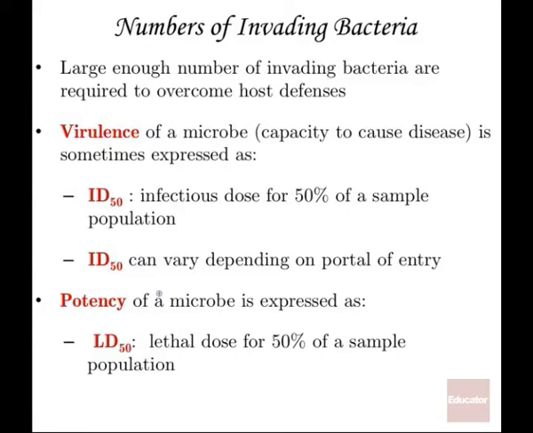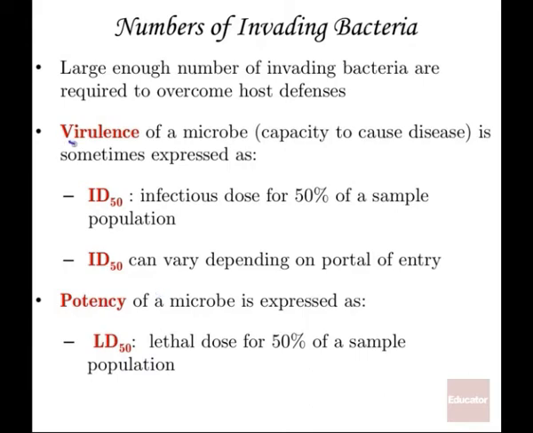So the number of invading bacteria is very important. Again, you need to have sufficient numbers of bacteria in order for an infection to basically gain hold. There are a couple of measurements that are utilized to determine whether or not a bacteria will be successful in causing disease.